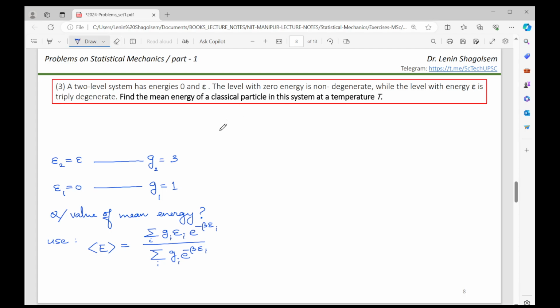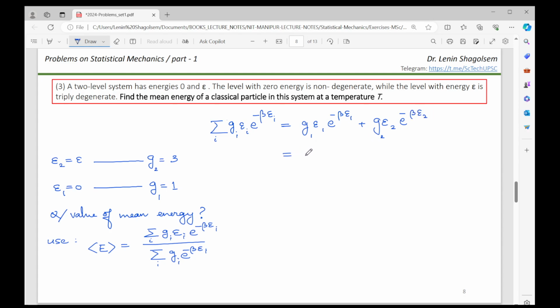The summation of g_i epsilon_i e to the minus beta E_i is the term in the numerator, so let's simplify it. So g1 epsilon 1 e to the minus beta E1. Since we have only two energy levels, we'll go only up to two terms in the expansion: g2 epsilon 2 e to the minus beta E2.